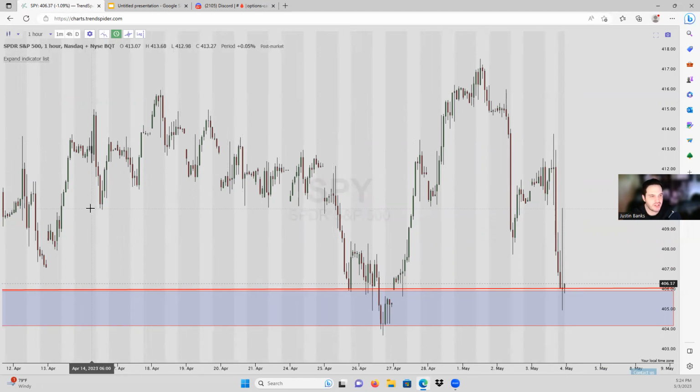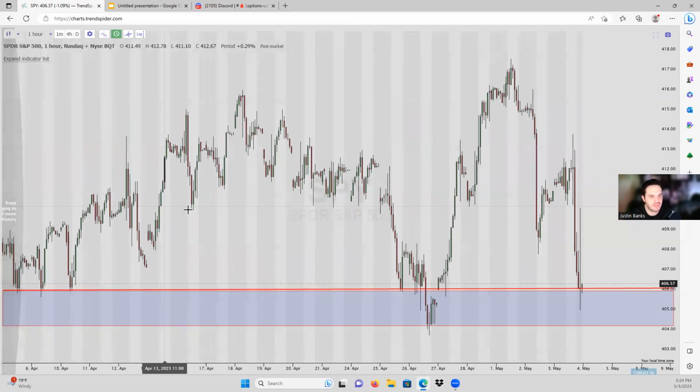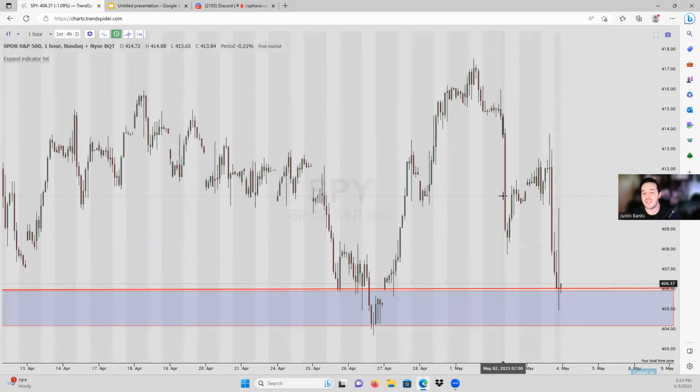This 410 is such a major level. It was being heavily guarded going into today. There were more supports on it, and then there were resistances. Every time we came back up, we had some major bounces off of this 410. So we knew that when we got under this 410 and were pretty weak on the day, more than likely we were going to stay under 410 and keep heading down.